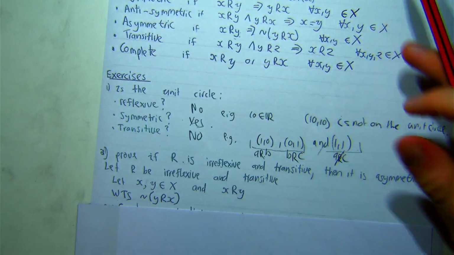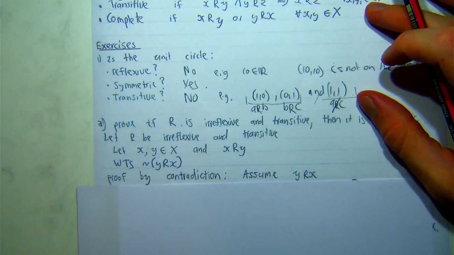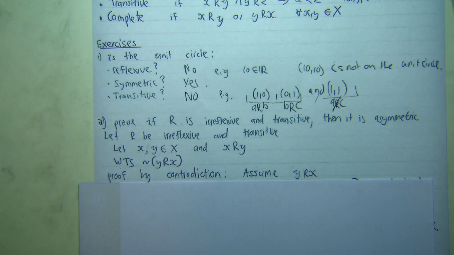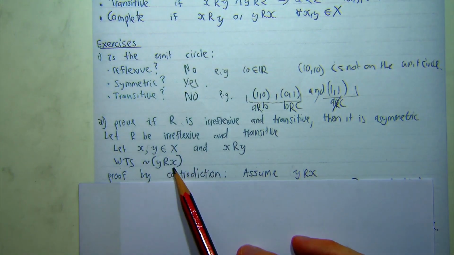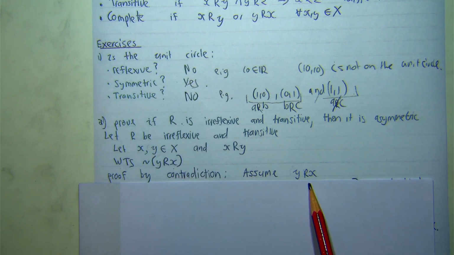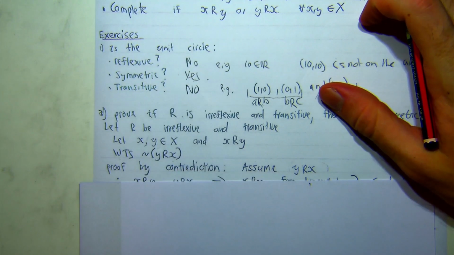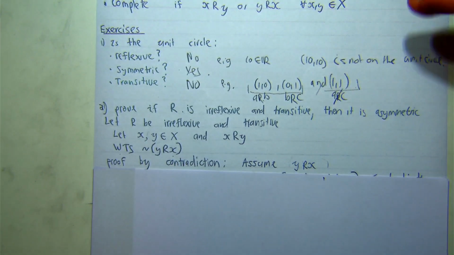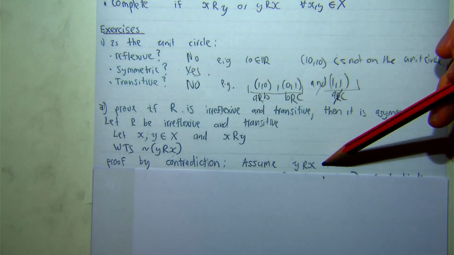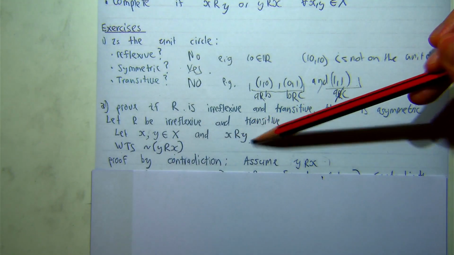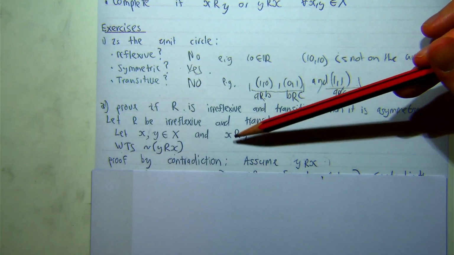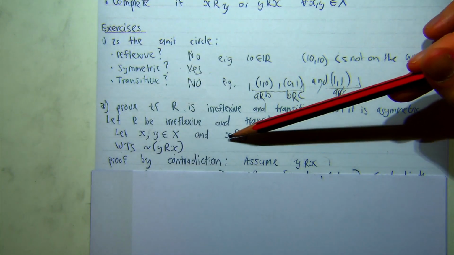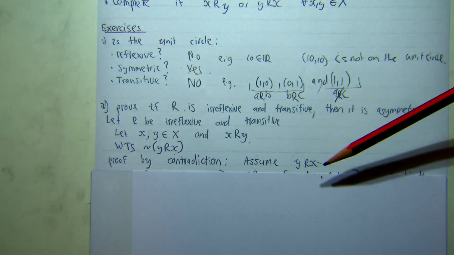We can acknowledge that here in our answer. To do this, we'll use a proof by contradiction. Because we're trying to show that y doesn't relate to x, let's assume that it does, and then show that that's impossible. So if y relates to x, we have x relates to y, and y relates to x, and by transitivity we can put those together to imply that x relates to x as well.